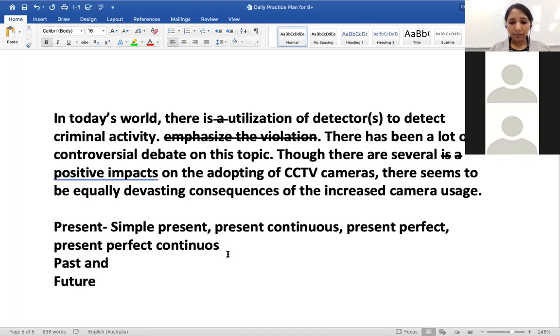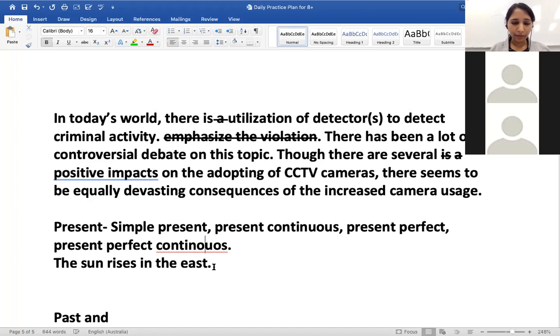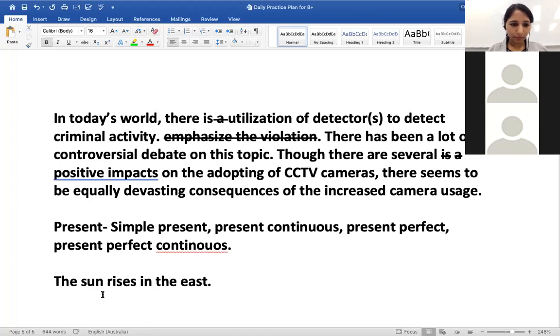Simple present means a very simple sentence, where you're expressing a general statement or truth. The sun rises in the east. There is no head or tail. Every sentence has a subject, a verb, and an object. Here, what is the subject? The sun. This is the subject.